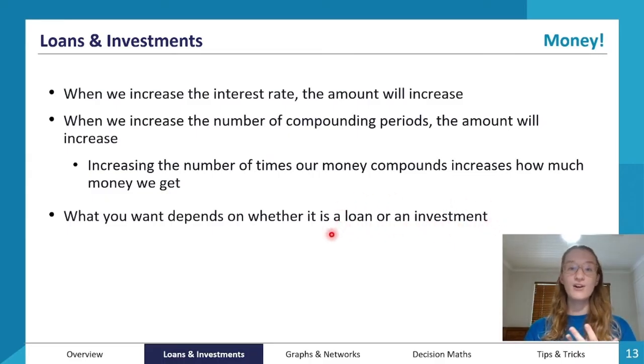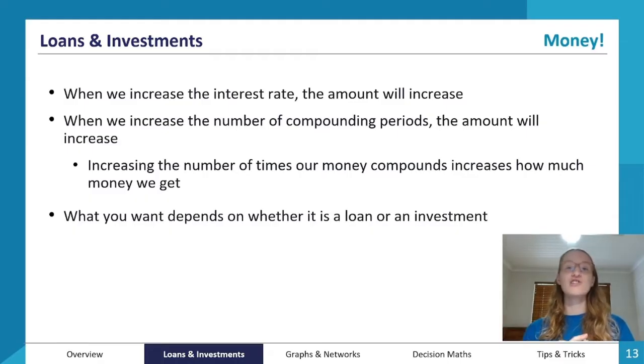Because in either scenario, we're going to want to choose the option that works financially best for us. So if it's a loan, we are going to want a lower interest and less frequent compounding periods, so we're not paying as much in interest. But if it's an investment, we are going to want a higher rate of interest and more frequent compounding periods so that we're actually earning more money off our investment.